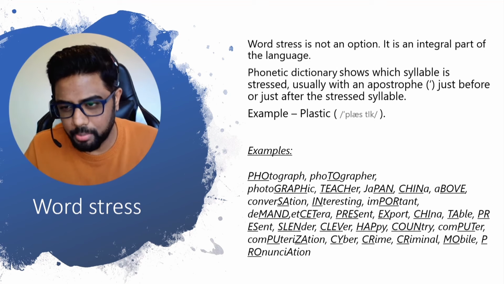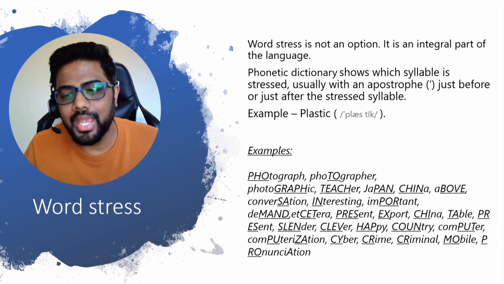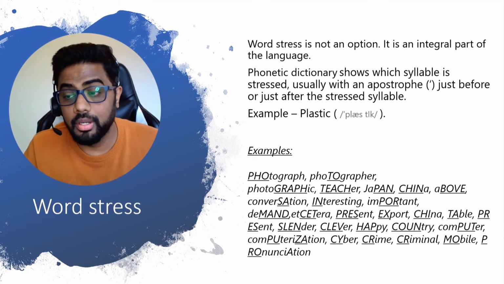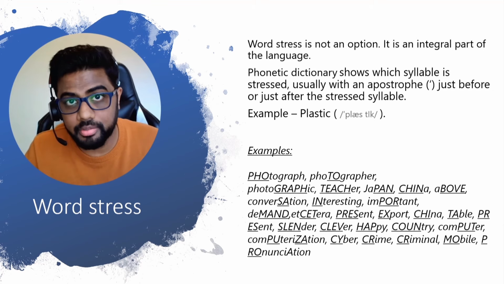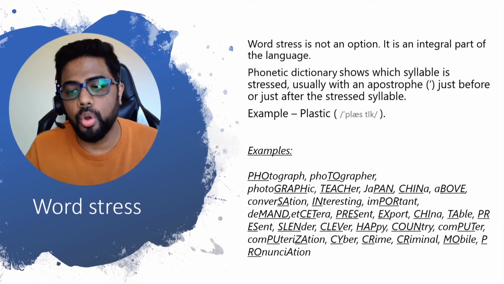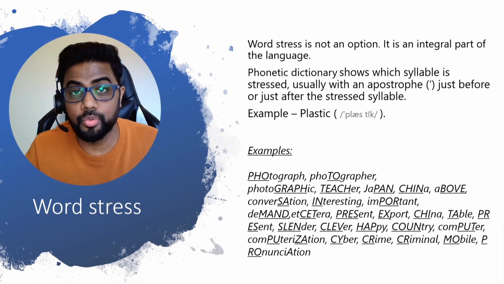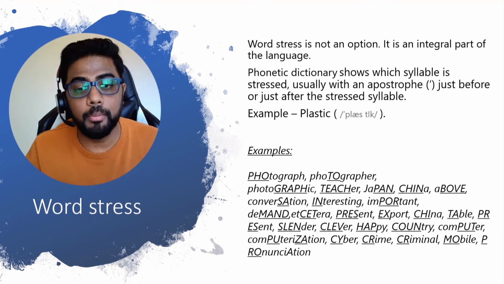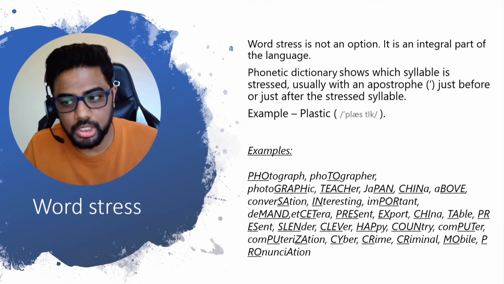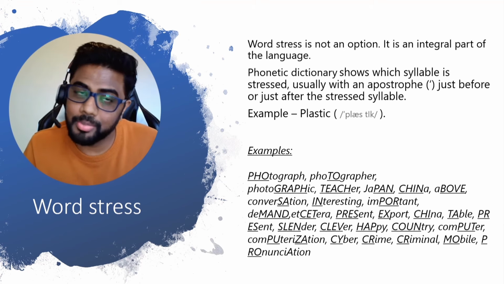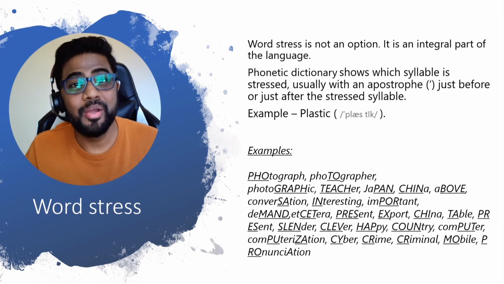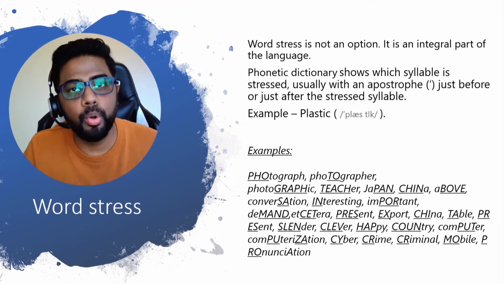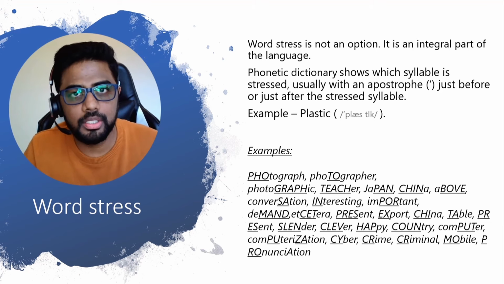Similarly, there are other examples here, like PHO gets more stress here, photograph. And similarly, in the word photographer, the stress is on TO, photographer, and photographic, teacher, Japan, China, above, conversation. I'm getting mixed up with the UK accent, but it is conversation, interesting, important, demand.